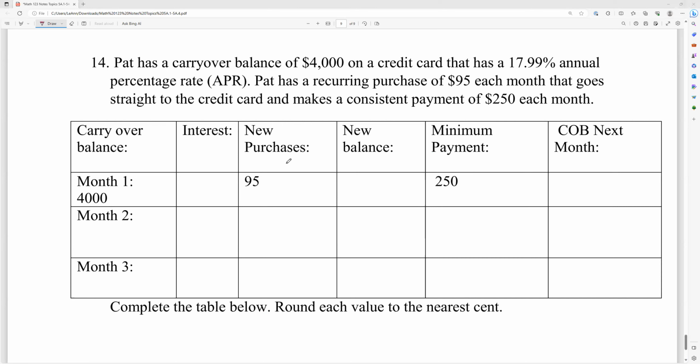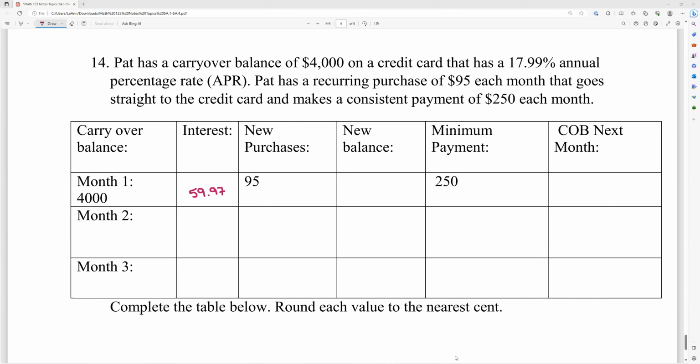So we have $4,000 times the interest rate 0.1799 as a decimal, divided by 12 for the monthly rate, since it was a yearly rate. That's $59.96. The 6 is going to bump that up to a 97. So $59.97. When you have a purchase, you're making more debt on your credit card.